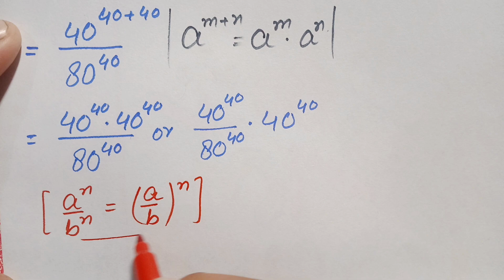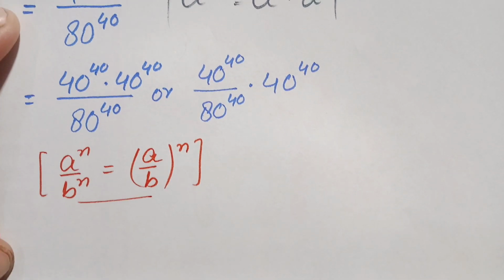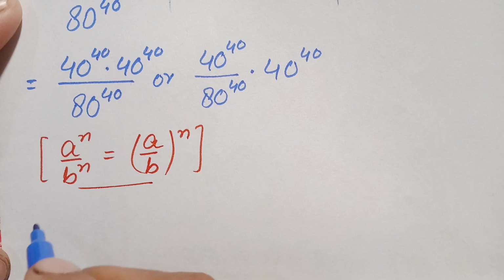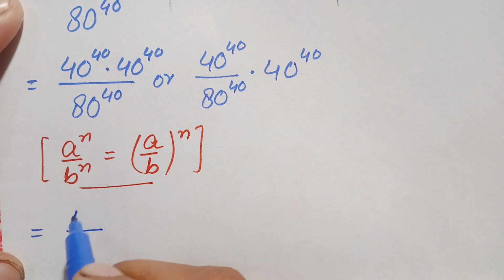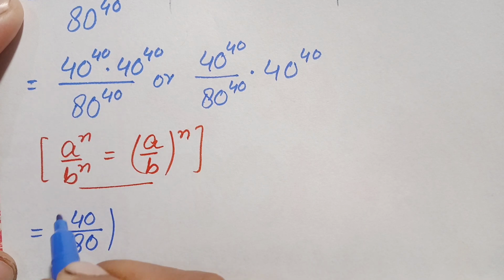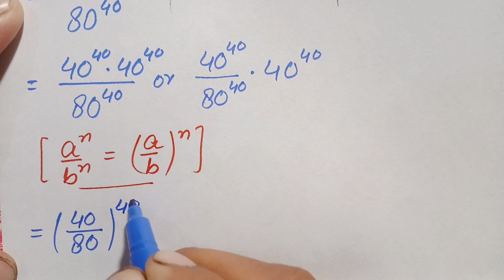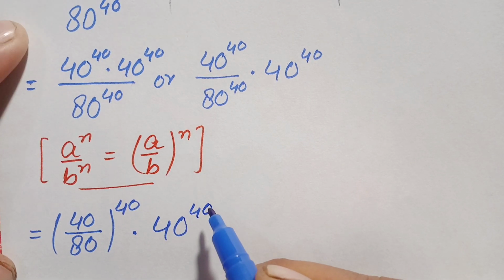Now using this exponential identity, we can write this as 40 divided by 80 whole raised to power 40 times 40 raised to power 40.